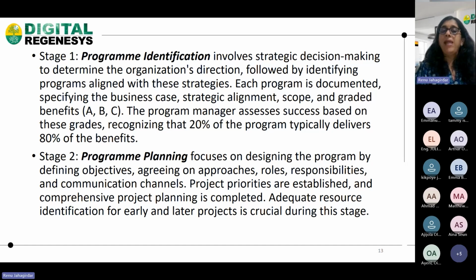Then comes program planning. It focuses on designing the program by defining objectives, agreeing on approaches, roles, responsibilities. So project priorities are established and comprehensive project planning is completed. Adequate resource identification for early and later projects is crucial during this stage. What does it mean? In program planning, you have to prioritize the projects.